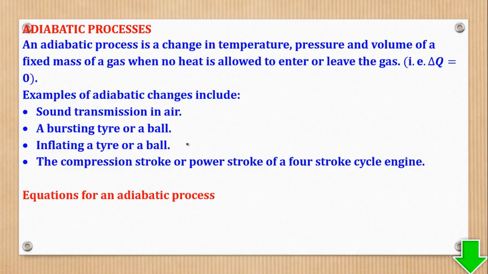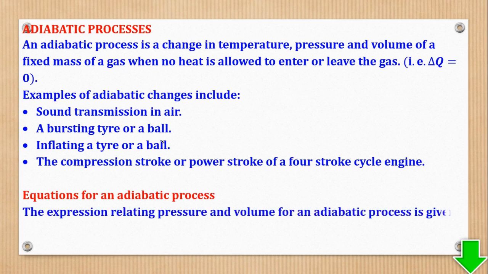For isothermal, we have seen the formula for work done, and also isothermal obeys Boyle's law of PV equal to constant. But when it comes to adiabatic, it changes a little. So we need to see this equation for adiabatic process. The expression relating pressure and volume for an adiabatic process is given by that.